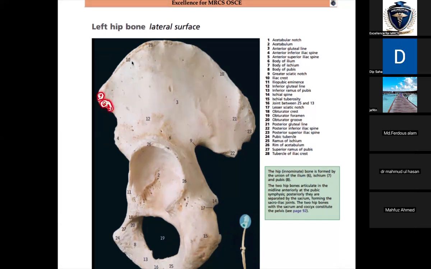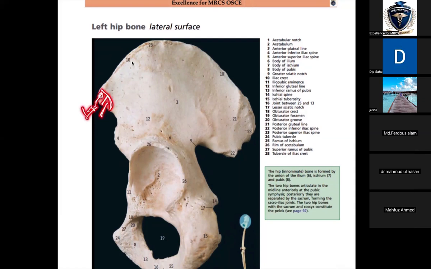Could you tell me, someone? From the sartorius muscle. That means from the anterior superior iliac spine, the superior part originates from the inguinal ligament, and the inferior area is for the sartorius.